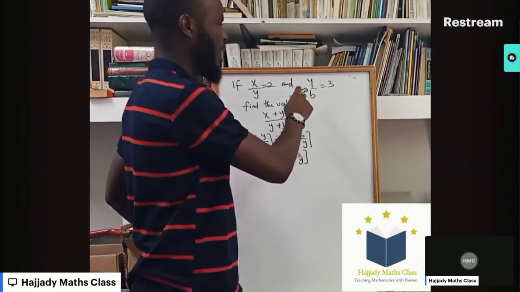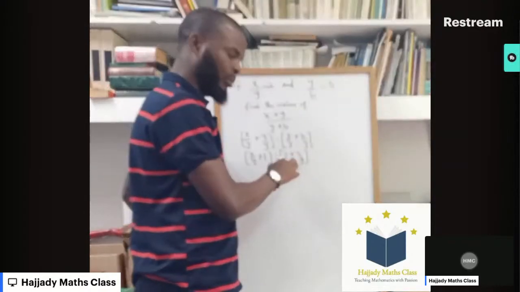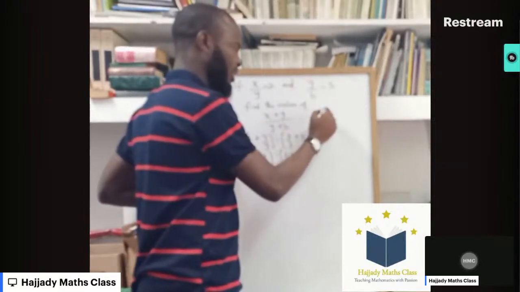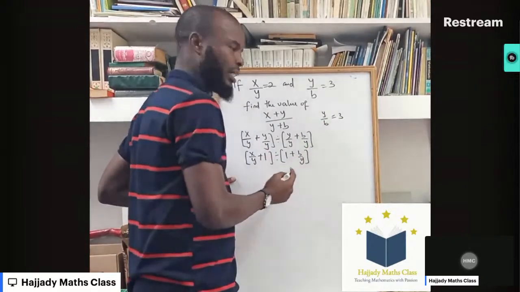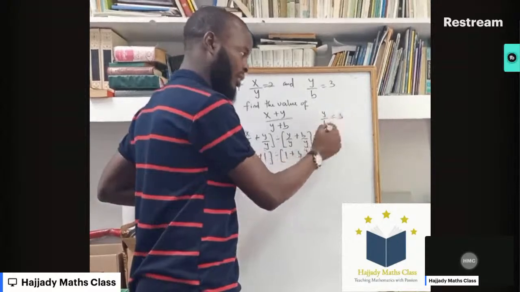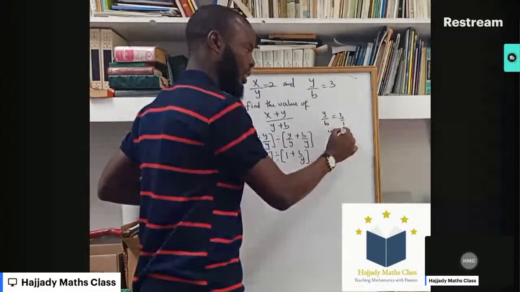Now looking at this, we have that y over b equals 3. And here we are having b over y. That shows that it is the reciprocal of this: you have y over b equals 3. If you find the reciprocal, it's going to be the inverse of it.